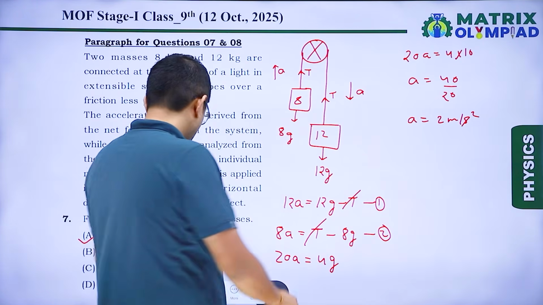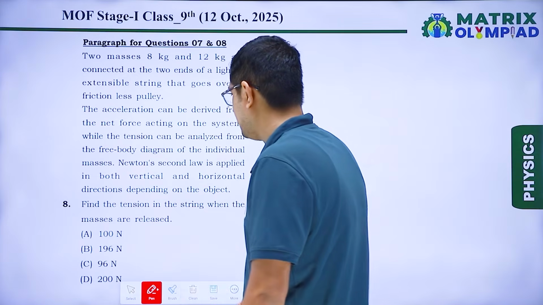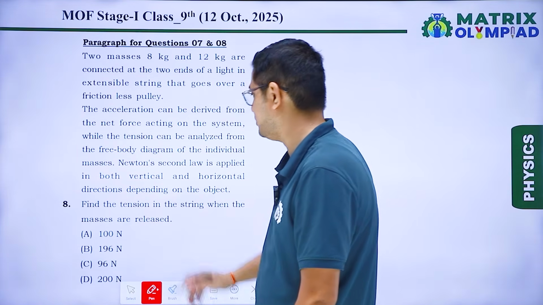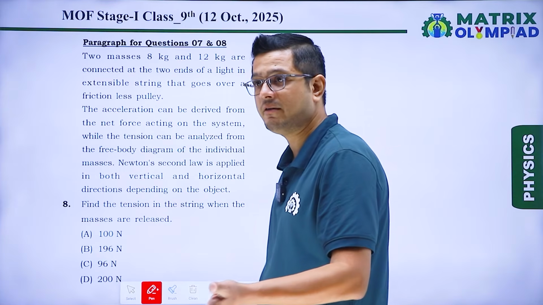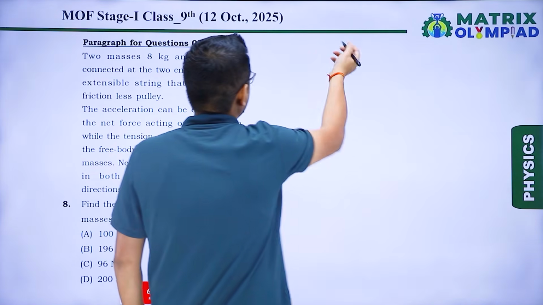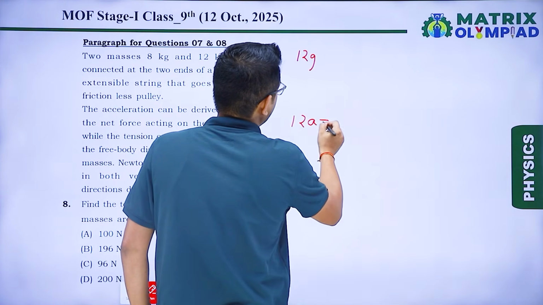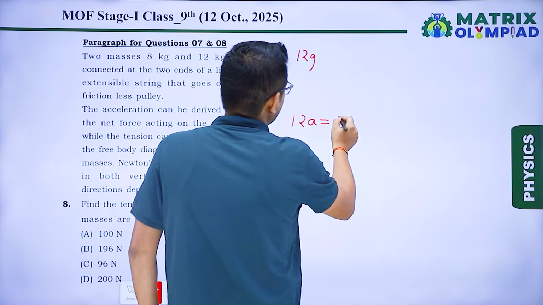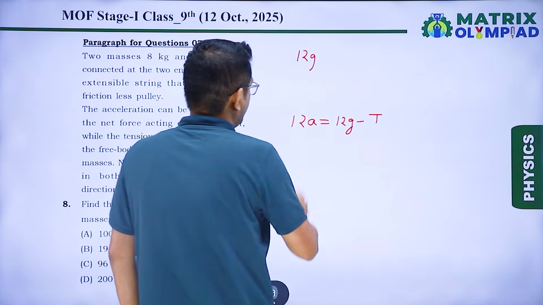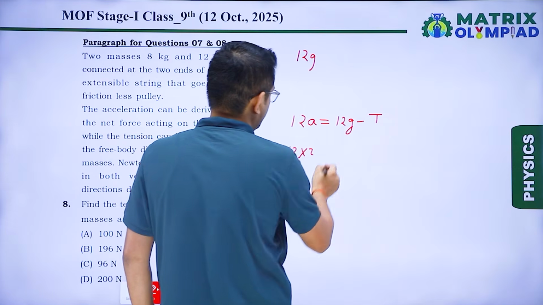Next question is based on the same paragraph, but it asks to find the tension in the string when the masses are released. As in the previous question we have noted down the equations. One equation was 12a equals 12g minus T. The value of a is 2, we found it in the previous question.